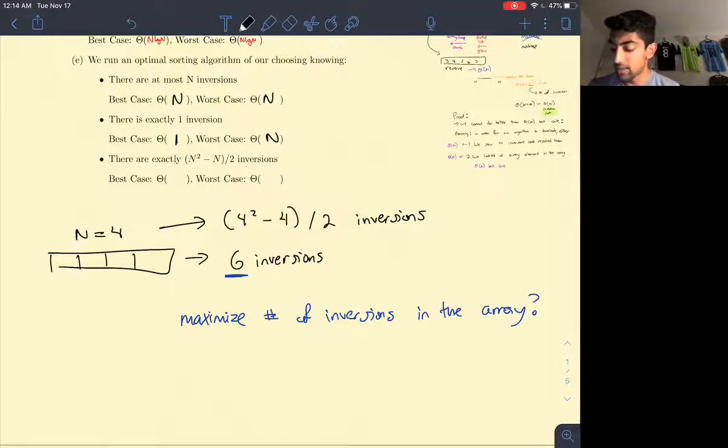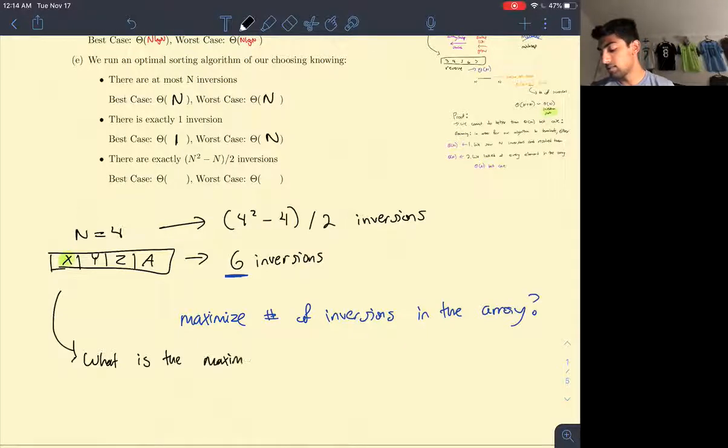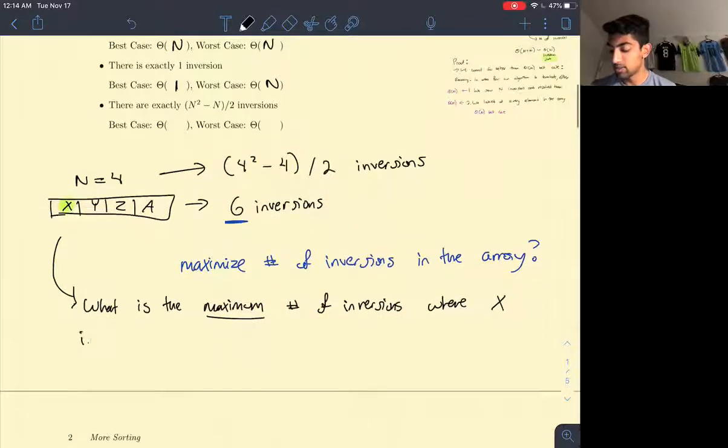Well, let's just say we have x, y, z, and then a. What is the maximum number of inversions that x can be part of as the leftmost element in the pair? So my question is, what is the maximum number of inversions where x is the leftmost element?